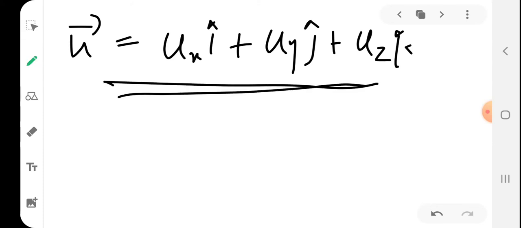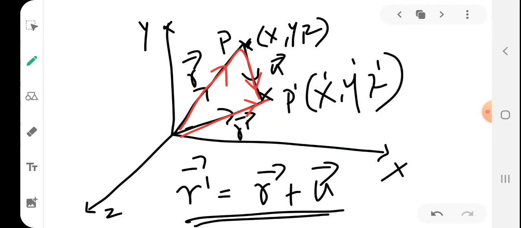So students, P is being displaced to P dash. The vector PP dash is called the displacement vector, and it is denoted by u.